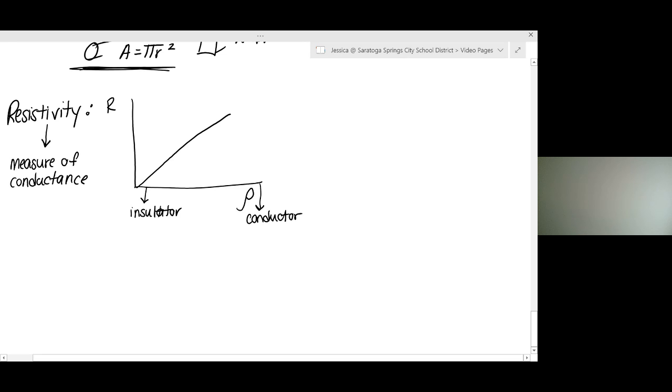Now, a few things about resistivity. Resistivity is material dependent, so, you know, whether it's metal or plastic, and temperature dependent.